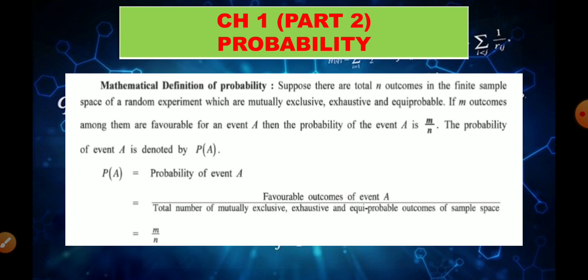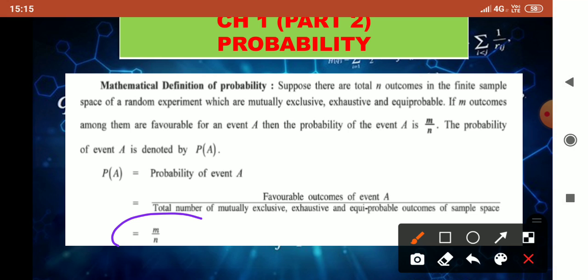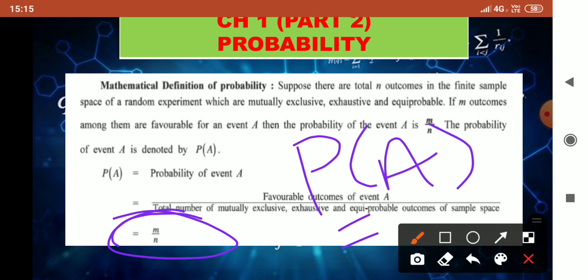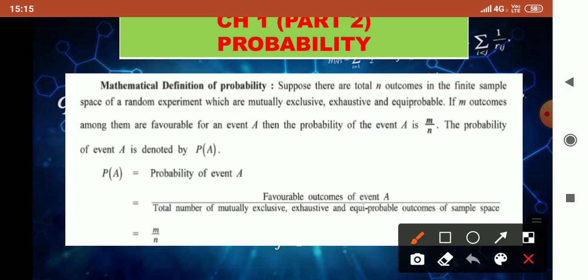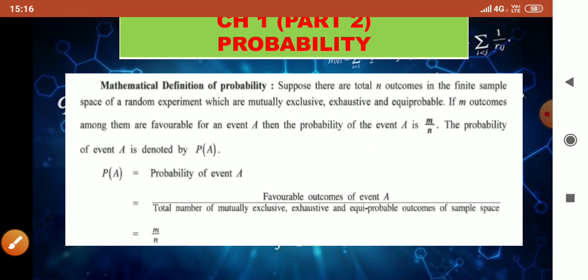So P of A is the probability of event A, which is equal to favorable outcomes of event A upon the total number of mutually exclusive, exhaustive and equiprobable outcomes, which is m upon n. You just have to remember P of A equals m upon n. This is the first thing you have to remember.